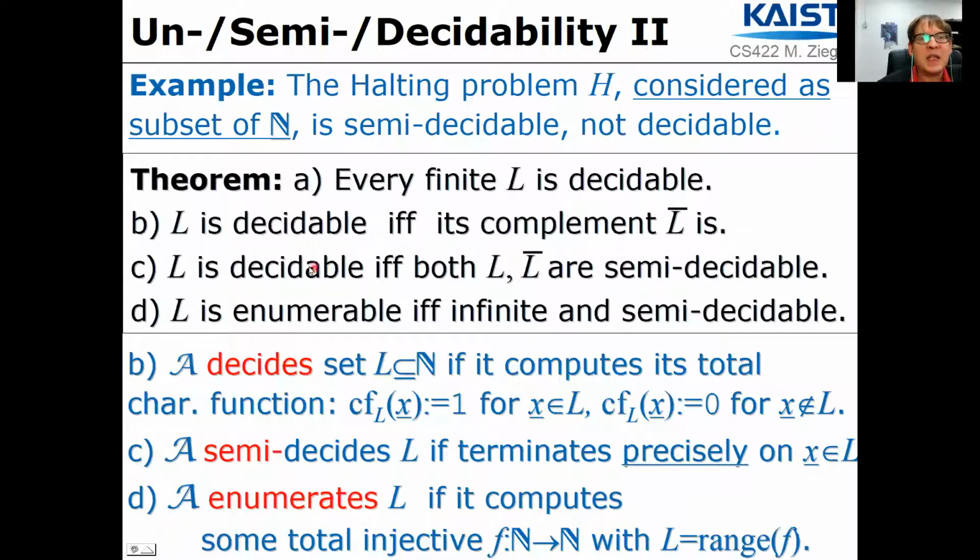And the claim is that in this case, L is enumerable, meaning that there exists a function which computes a total injective function. And we're going to design and describe the algorithm that performs this computation using the algorithm for semi-deciding. So how does that work?